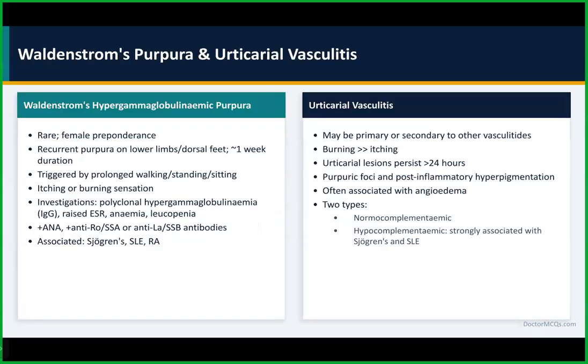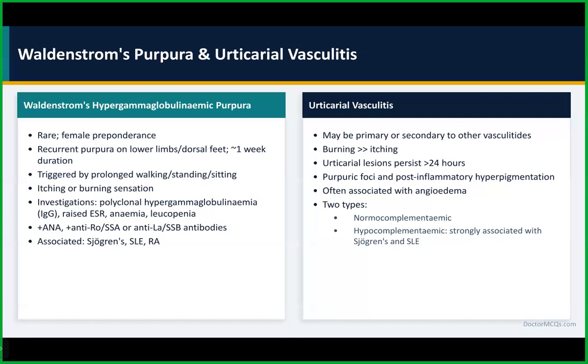These two names might be new in front of you, but they are rare skin disorders, happening predominantly in females, mostly on the lower limbs or the dorsum of the feet. It stays for about 1 week. It is triggered by prolonged walking, standing, and sitting. The patient will complain of itching and burning sensation.